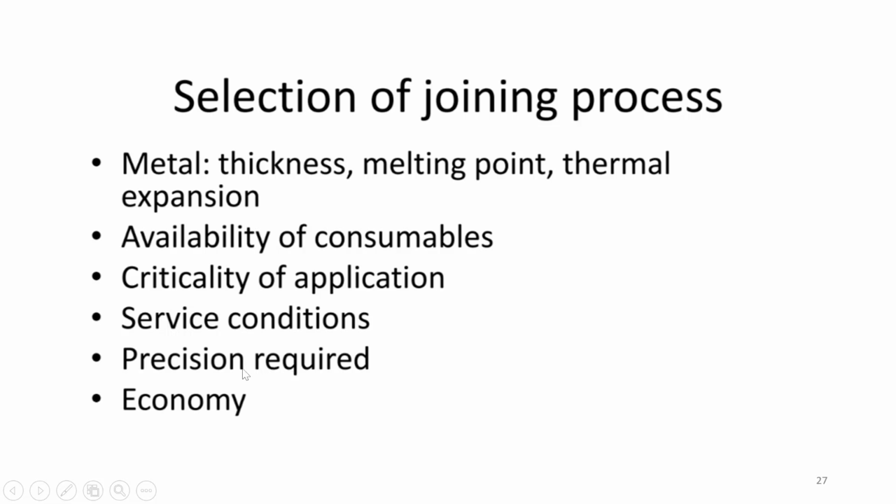In that case you use weldings such as electron beam or plasma, which have very high heat flux, so they take less time for the entire welding operation. Economy as well should be considered if you are using the products in very niche applications.